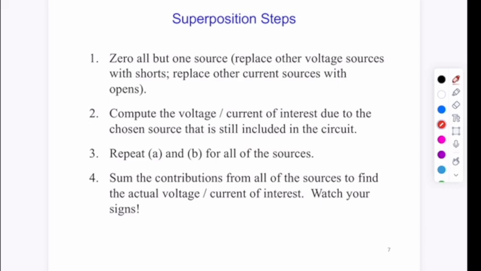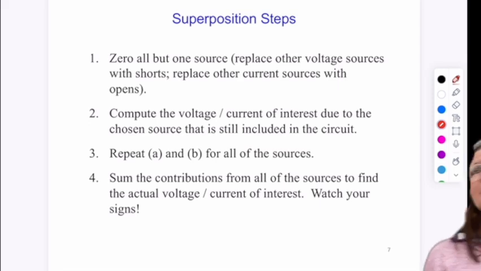And if I turn on another one, you see it from all of those sources. With what are called linear circuits, we can say, let's find just the illumination from this one light, just the illumination from this one light, and just the illumination from this one, and add them all together to give us the total.